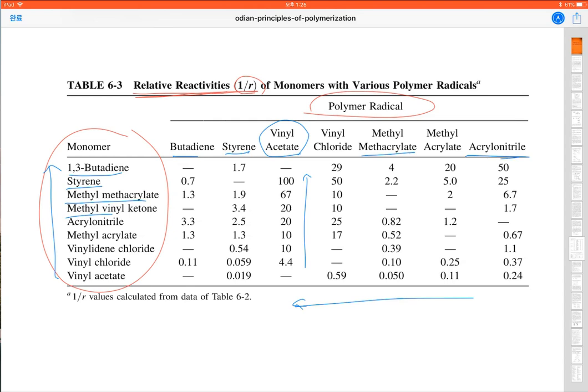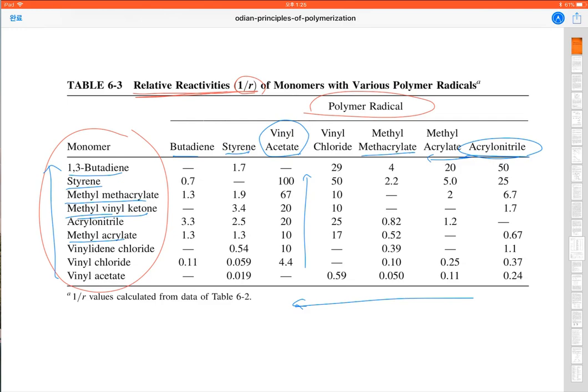But anyhow, it's not exact, but overall reactivity of the polymer radical is in this direction, right? So because acrylonitrile should be written between methyl vinyl ketone and methyl acrylate, it should be like here, right?